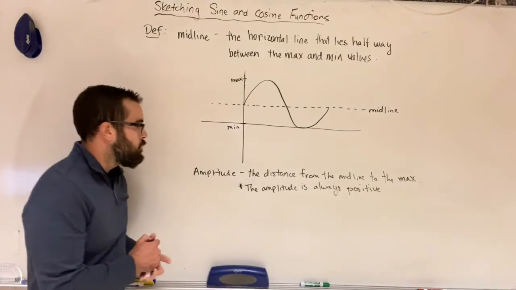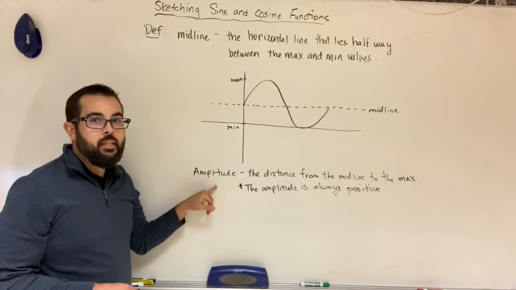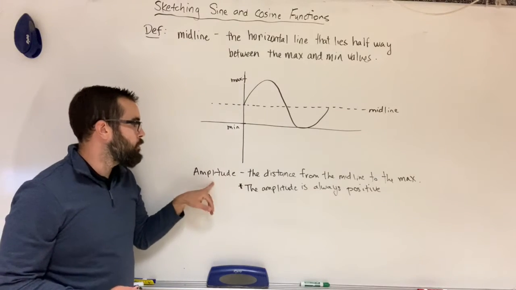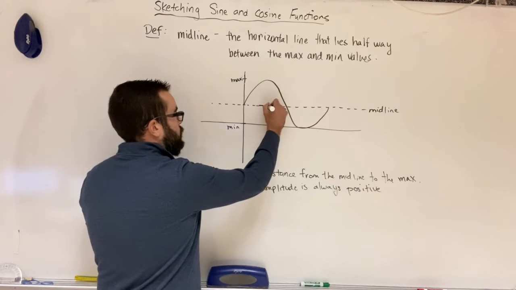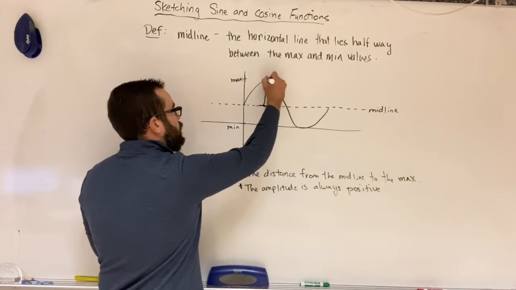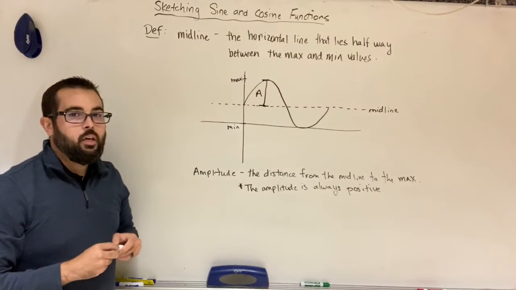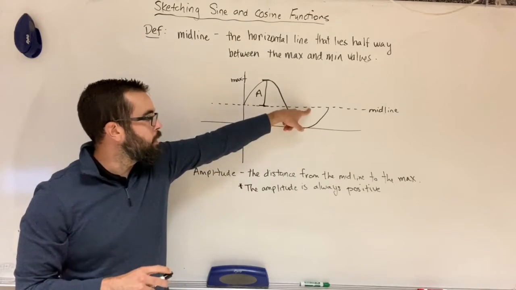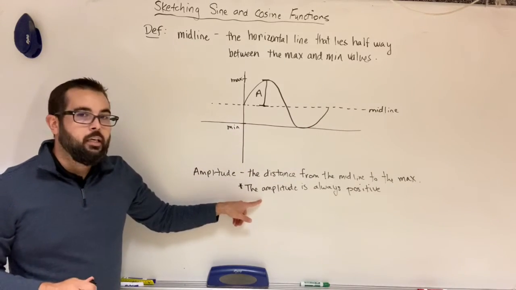We use the midline to help us find the amplitude. The amplitude is the distance from the midline to the max. So from here to here, this is your amplitude. Or you could go midline to min. Just realize that the amplitude is always positive.